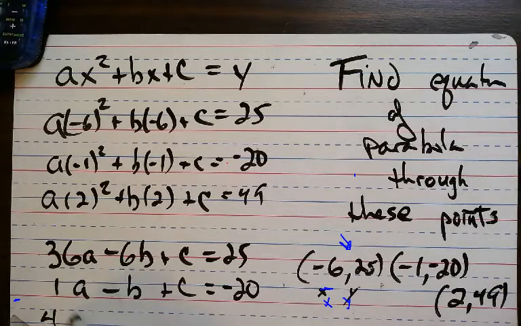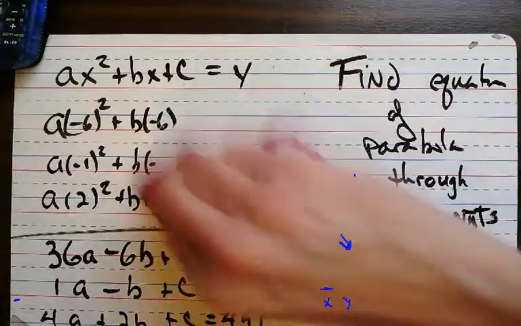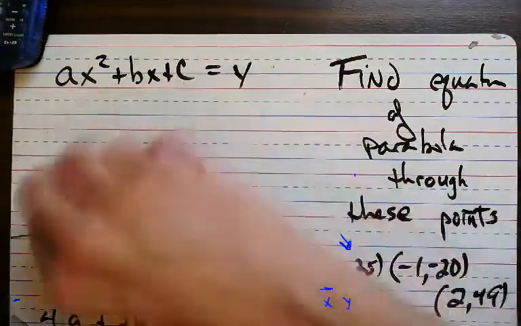And then 4a, because 2 squared is 4, plus 2b plus c equals 49. Ta-da! We got our new matrix. We're going to be able to find the parabola that goes through those points.